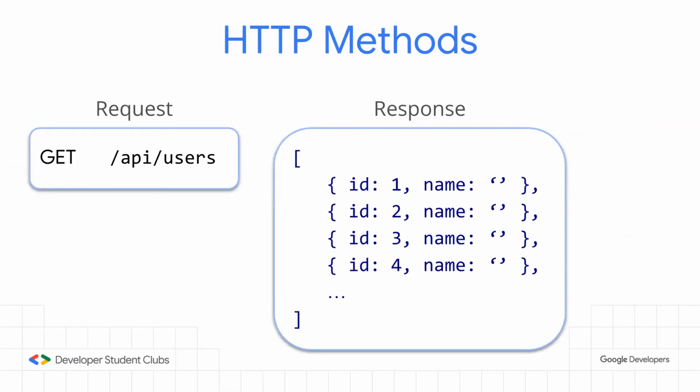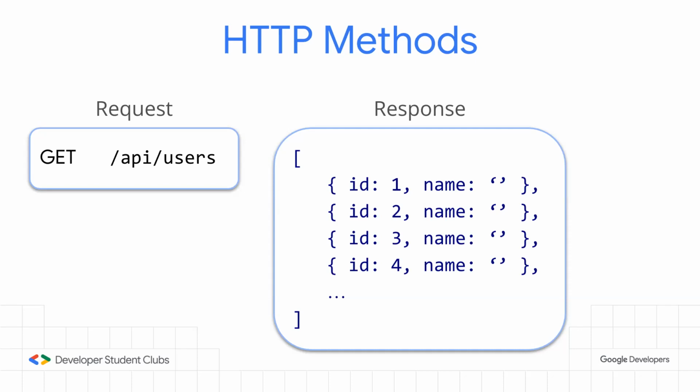So how do we implement these in our APIs? Here I'm just going to run through some examples of basic requests and how those responses should look. Say I'm making a GET request to /API/users. What's expected here is we probably are looking to get all of the users. On the right side, we have a response that is in JSON format.